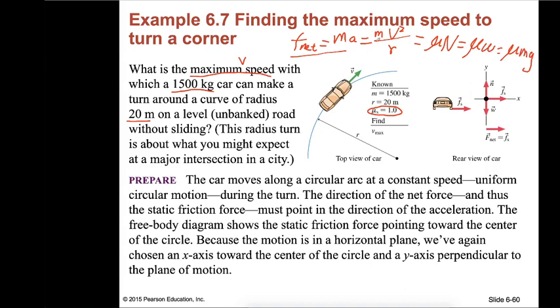So here you will have mv squared over r equals mu mg. If you know mu, g, m and r, the only thing you don't know in this equation is v, so you can calculate the v.